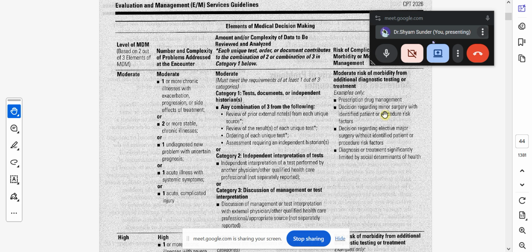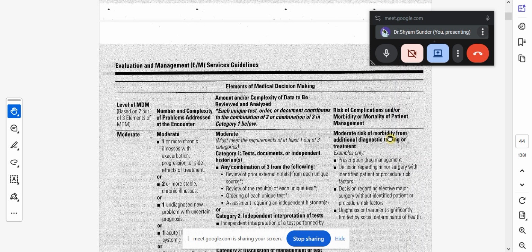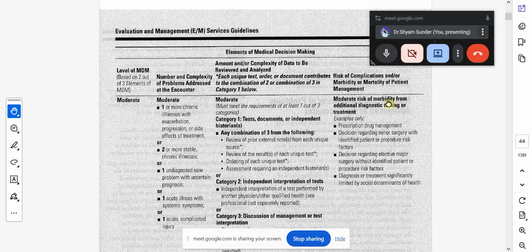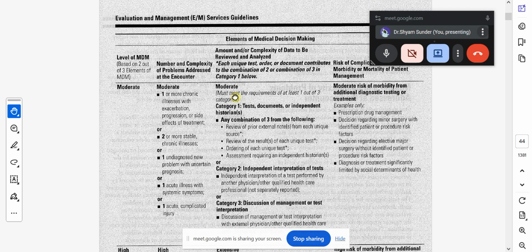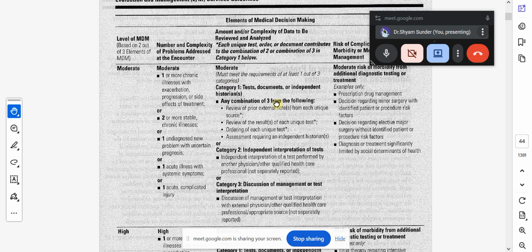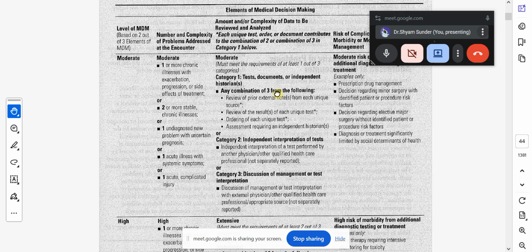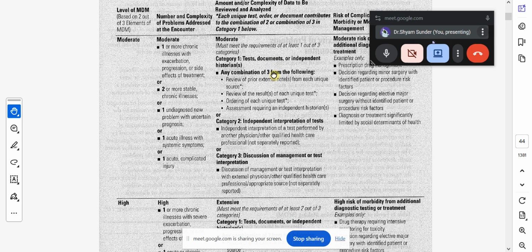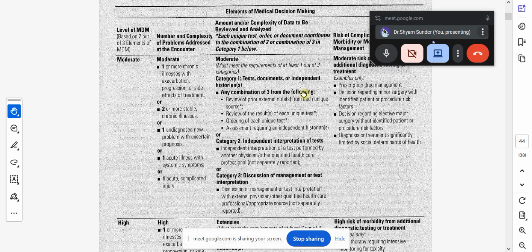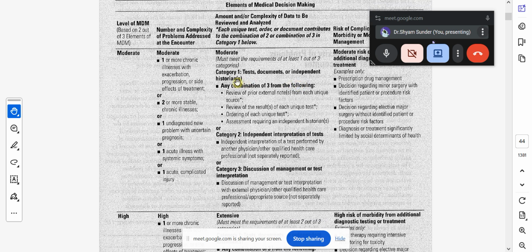Let's make it interactive. Sir, on the left hand side, above moderate, level of MDM, it's based on two out of three elements of MDM. So are they talking about out of these three elements? Yes, because for example, in the moderate category, we have three categories of data sources: category 1, category 2, category 3.